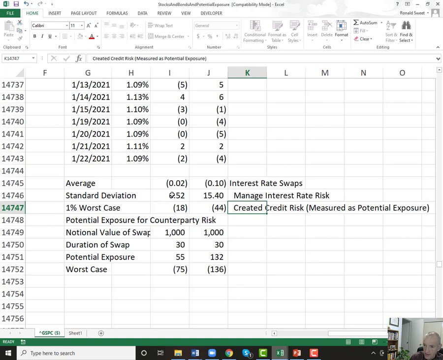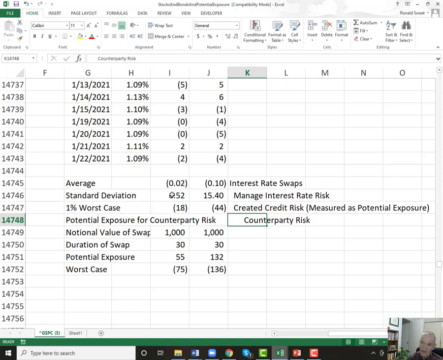Another way of saying it, it was counterparty risk. You might remember that. So that's a special risk. In order to reduce our interest rate risk, we had to increase our credit risk, but a very unique credit risk known as counterparty risk, which we measure as potential exposure.